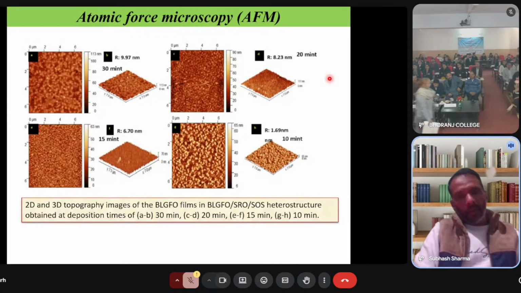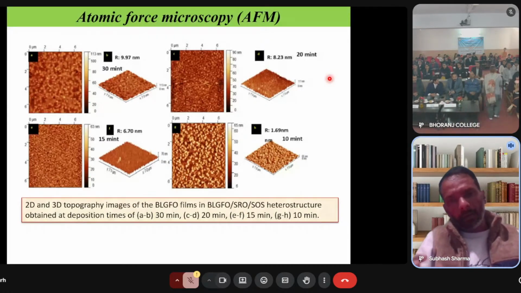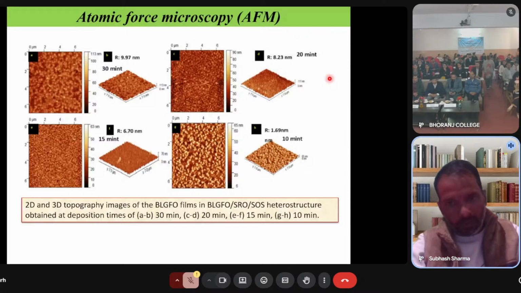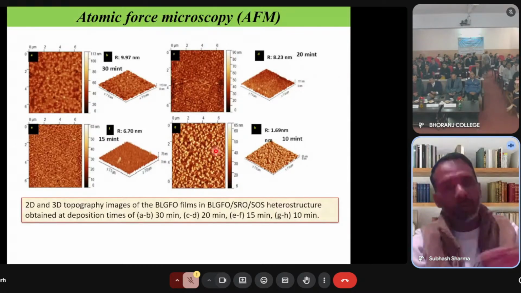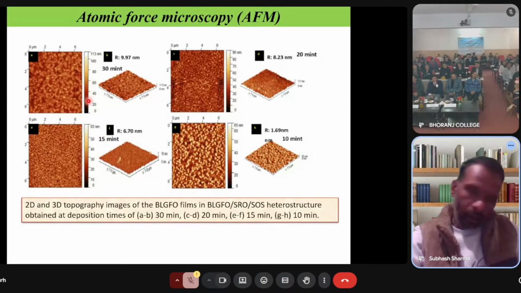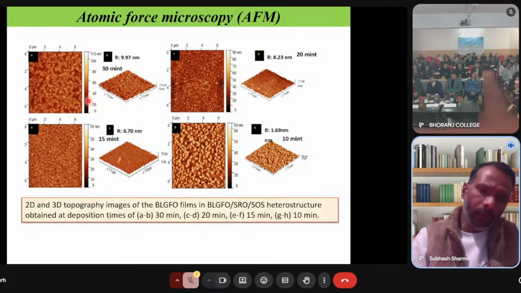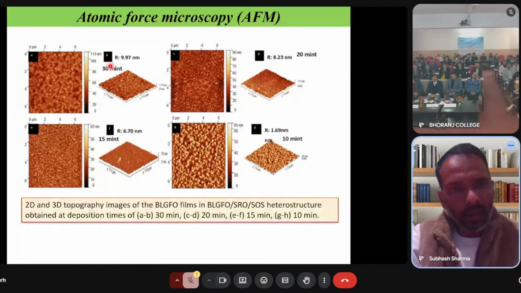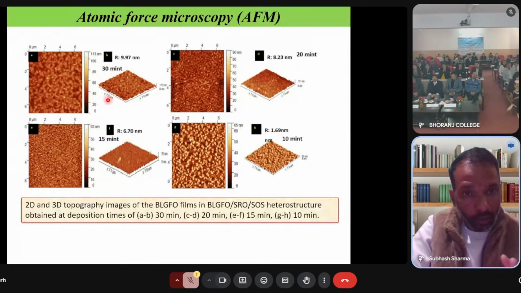So another technique is AFM. AFM is basically to check morphology, meaning how smooth your thin film is, or whether you have some zigzag. Another role of AFM is PFM, which I will discuss. In this case, we just scan the topography, right?